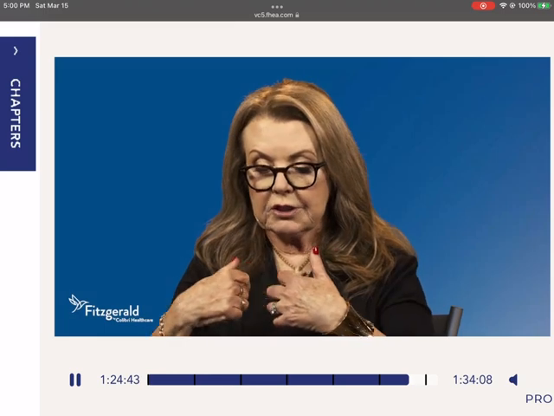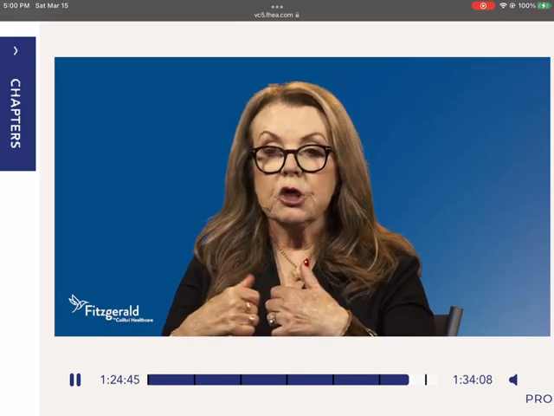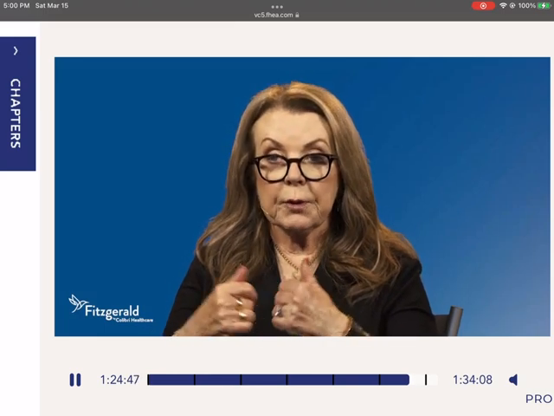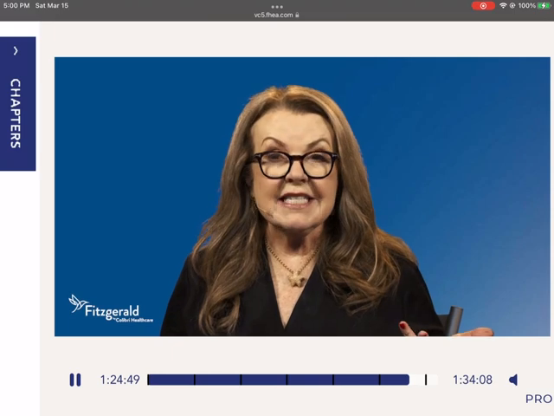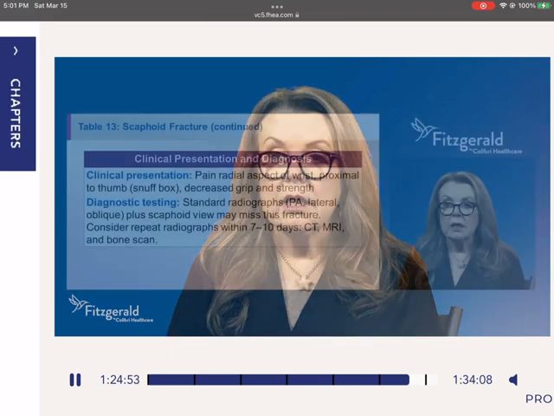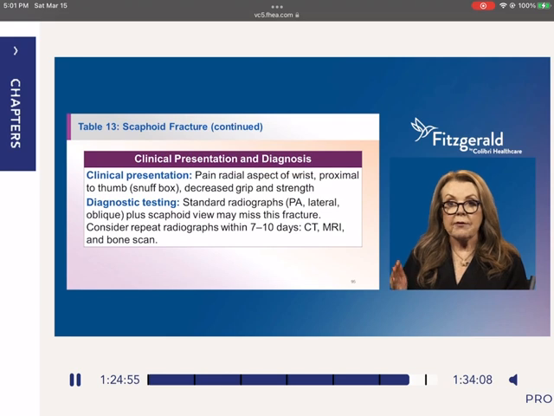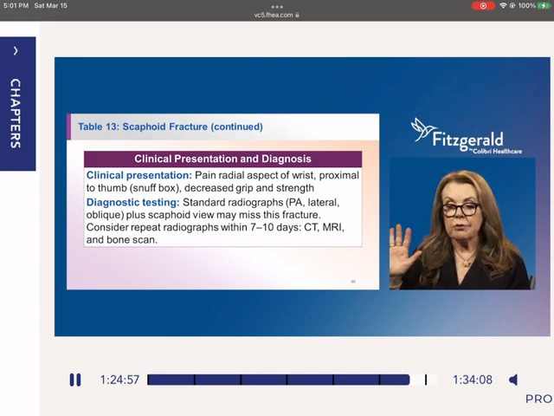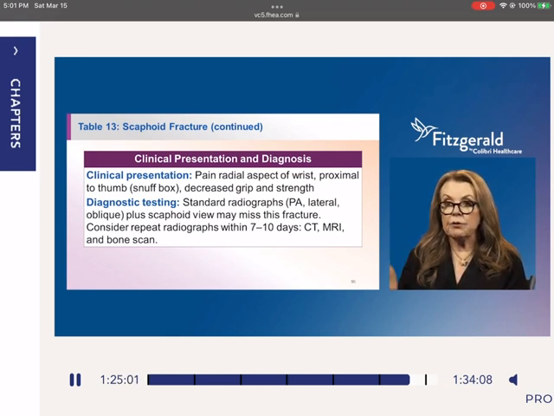If it was a non-displaced fracture, there's bone union, and you can actually see some healing going on, and that shows up on x-ray. And so that's why repeating the radiographs on somebody whose hand still hurts 7 to 10 days out, even with negative x-rays, consider that.